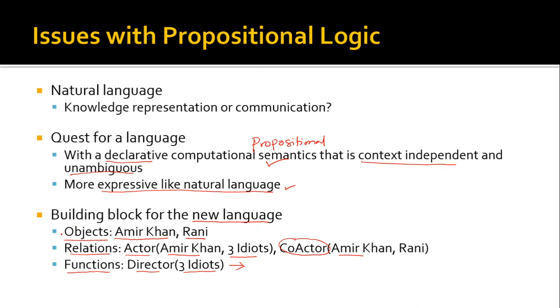So we need to think in terms of objects and their relationships, and we can define functions that map one object to another object. So here, in the function part, I am mapping one object to another, right?